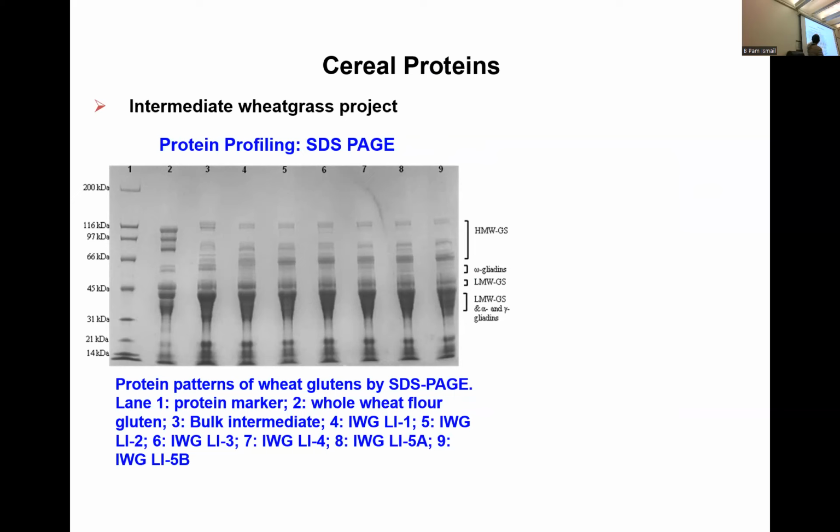In some cases they're not present, in other cases they are, but at very low relative abundance compared to the gliadins.